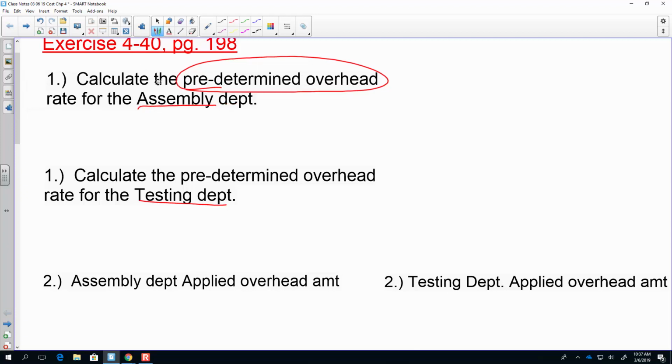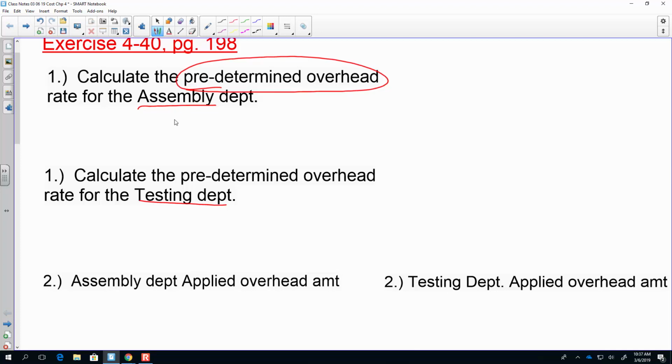What thing do we need to be watching for? What numbers do we need? And I think Tom said estimated. Yeah, estimated overhead, right? And then we also have to find somewhere an estimate. I'm going to call it a driver.